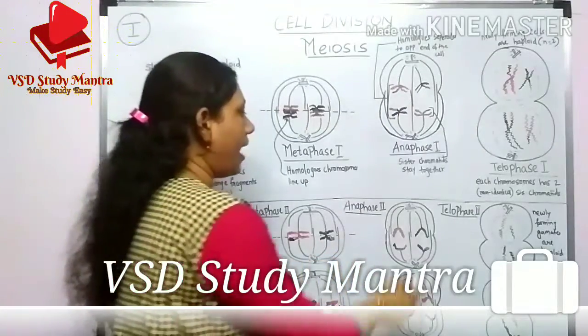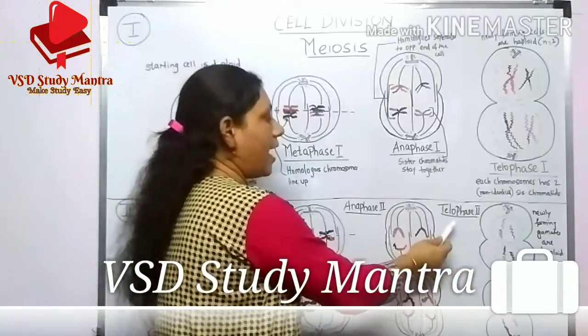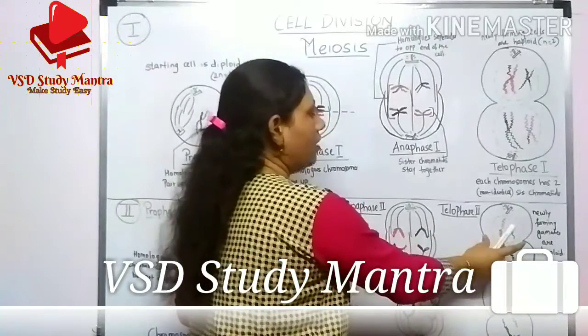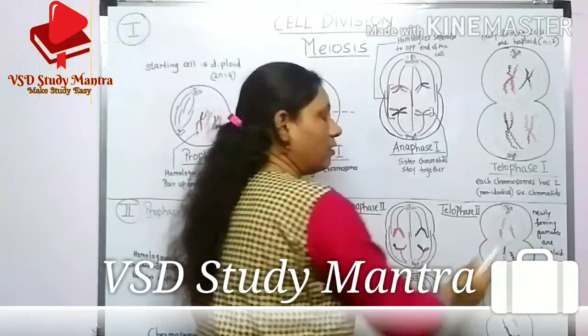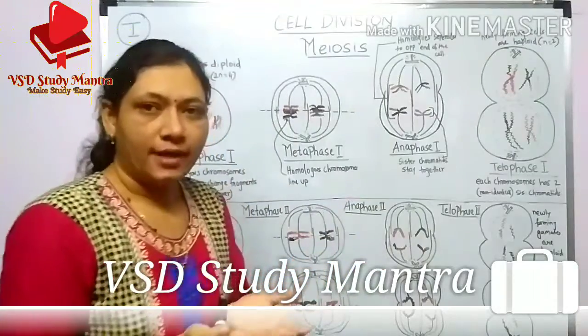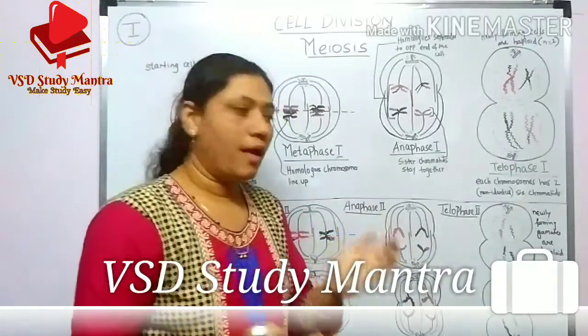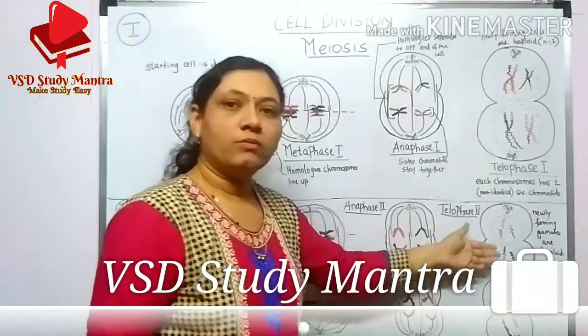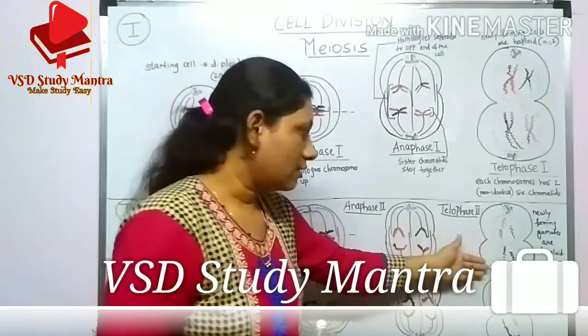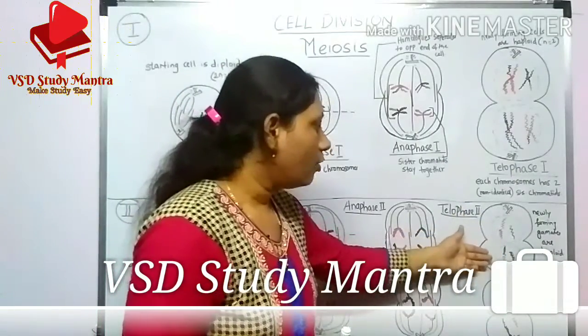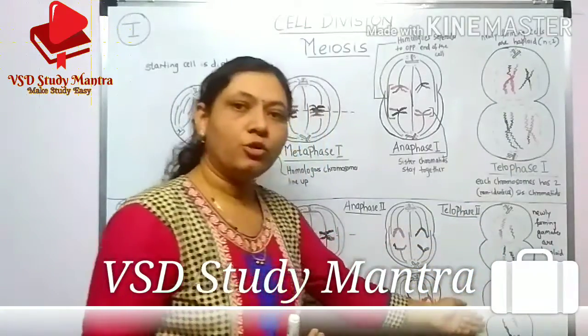In telophase, the cell membrane again constricts to form two other non-identical cells. So these are two non-identical cells and these are also two.